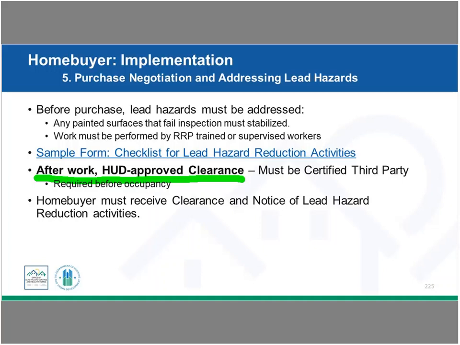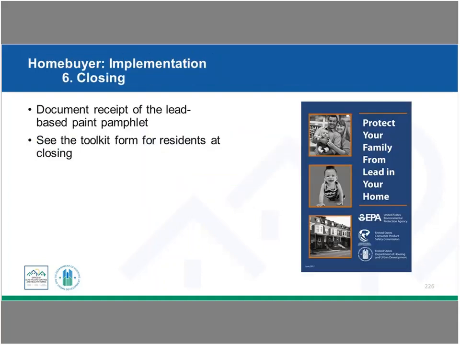It needs to be a third-party entity, and that needs to be completed before occupancy. The home buyer is going to receive notification about the clearance results, and also the notice of the lead hazard reduction work that has been completed. We went into more detailed examples of that in our Subpart J, and you might want to refer back for some additional information.